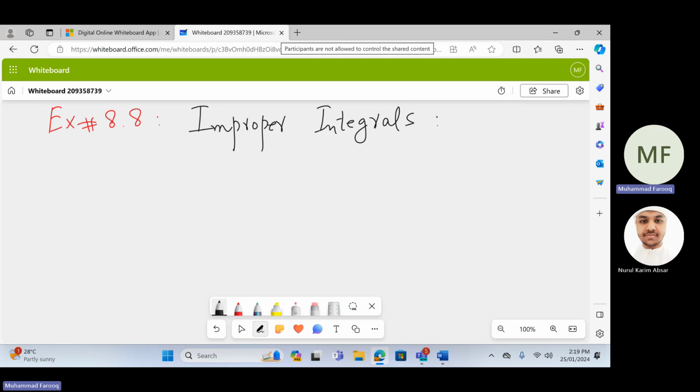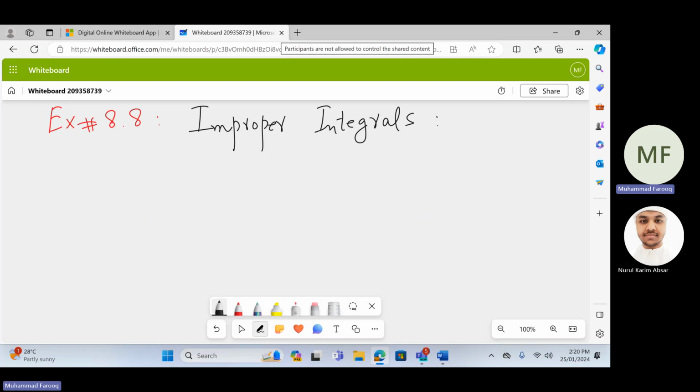The first form is very easy: one of the limits or both of them are infinite. It's very easy to identify, because the limit is infinity, so it is improper. The second and third forms are not easy to identify, but of course we can discuss them.